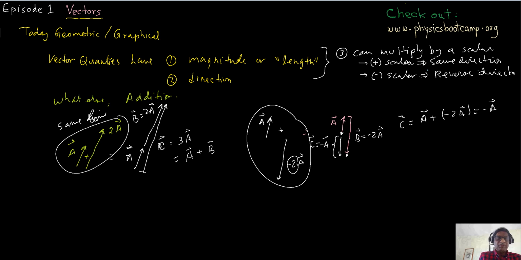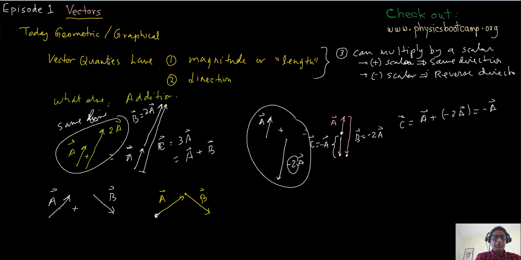What if they're not in the same line? If I do A and I want to add B to it, how do I go about it? I'll go exactly the same way. I will draw A, and I can displace it over here, and I go to the end of that and draw B from there, in the same direction.